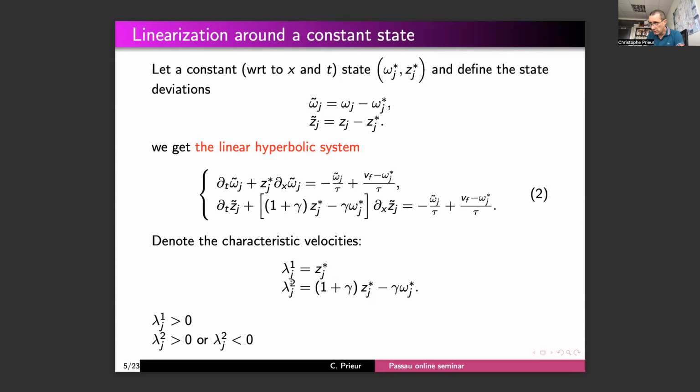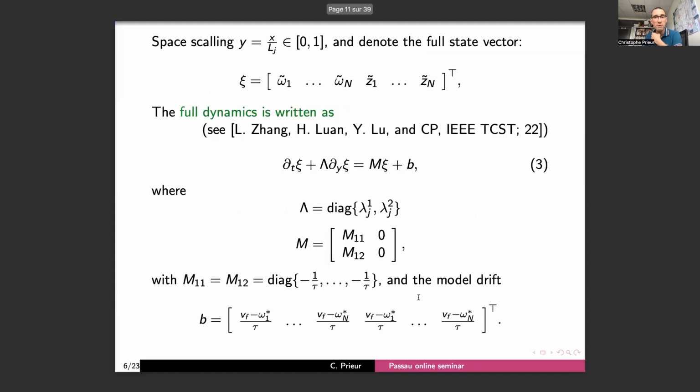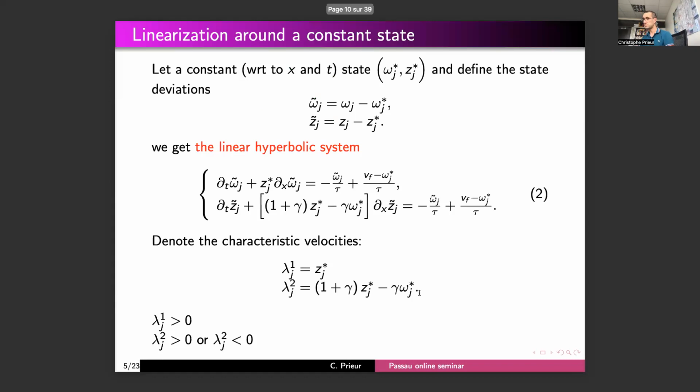So here I recognize both velocities. The first one is always positive; if it is a physical model, it should be positive. The second one, we don't know; it can be either positive or negative. And in fact, the sign of that is very crucial. Why? Because it tells you whether it is in a free regime or a congested regime.